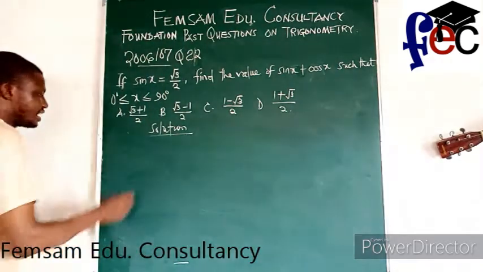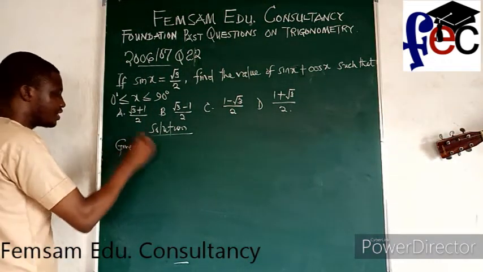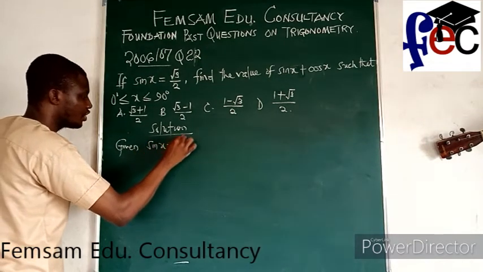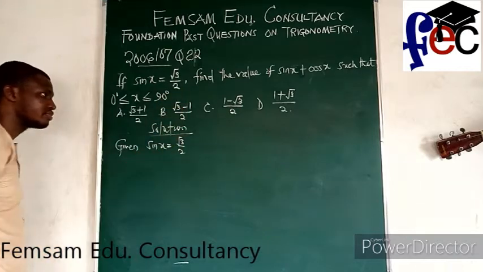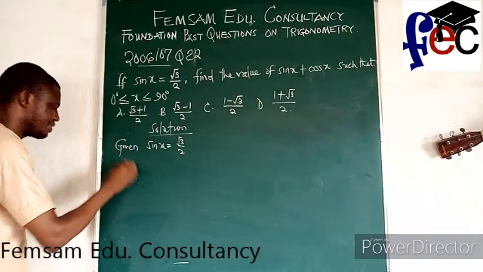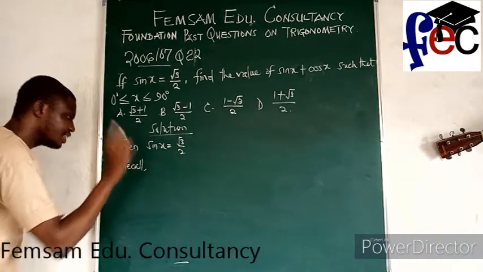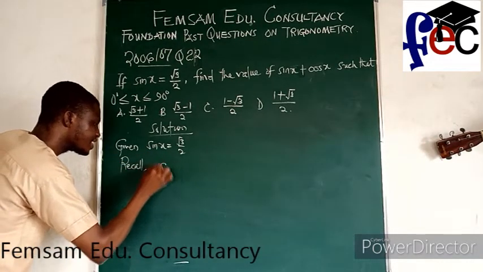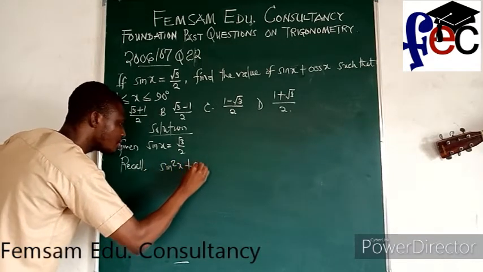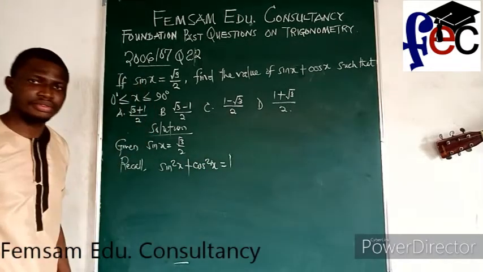So putting the solution now, I've been given that sine x is equal to root 3 over 2. Then I will recall that sine square x plus cos square x will give me 1.